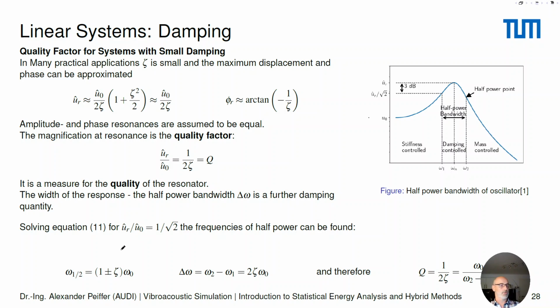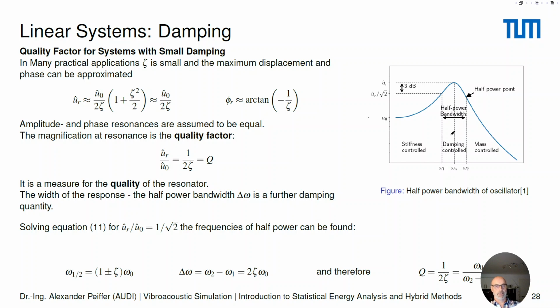We can go through the solution, because we know when we have this factor here, if we use this equation again, we get the relationship for delta omega, which is given by this equation. So just by measuring the broadness of the peak, the bandwidth, we can directly identify the viscous damping ratio, or which is the same, we can calculate the quality factor of our resonator.